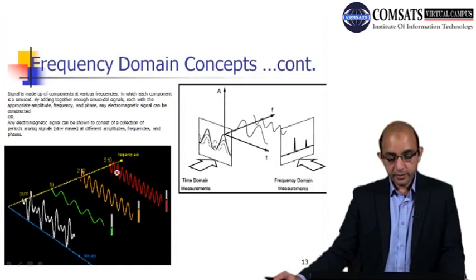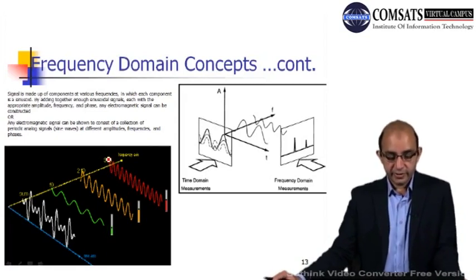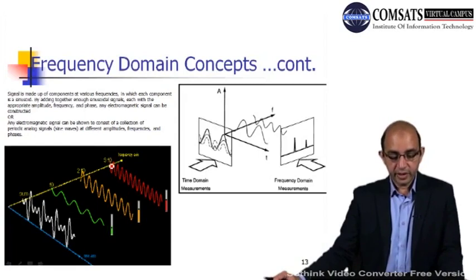Again here this is 3f naught. So f naught is the fundamental frequency, and this component is an integer multiple of the fundamental frequency, 3f naught. So this is the frequency domain, and here we have the sum, right?